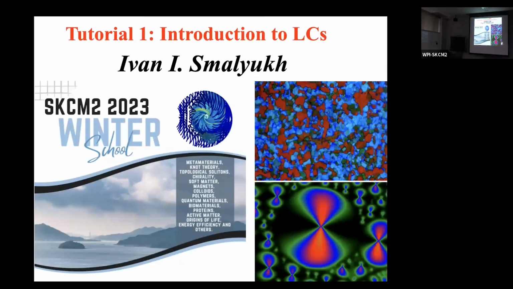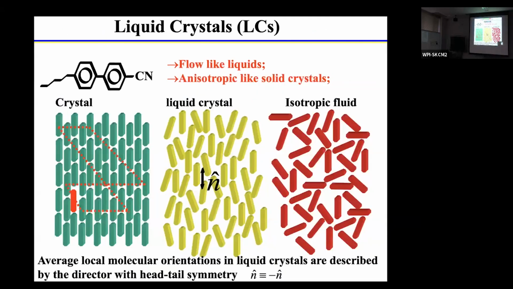So I'll introduce to you today liquid crystals as an intermediate state of matter between crystalline solids and isotropic liquids. The simplest type of liquid crystals, this nematic liquid crystal fluid, is composed of rod-like building blocks, such as molecules, that have orientational ordering along the director, which is the average ordering direction.